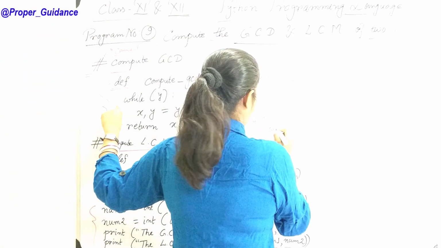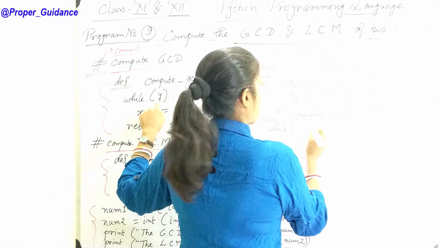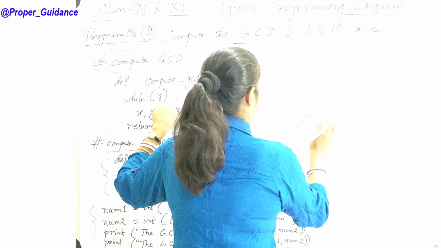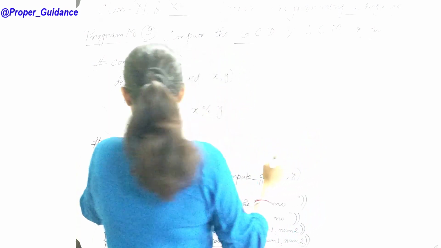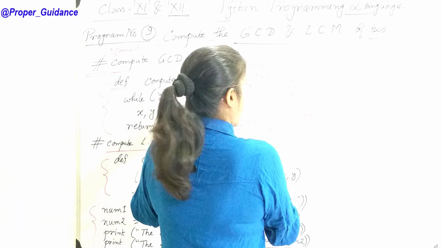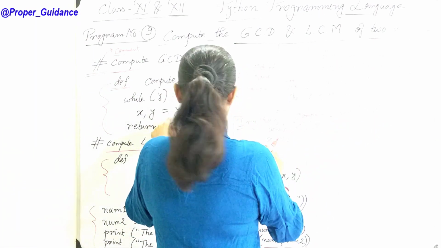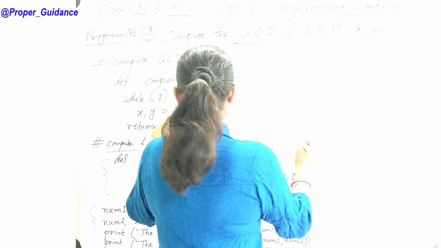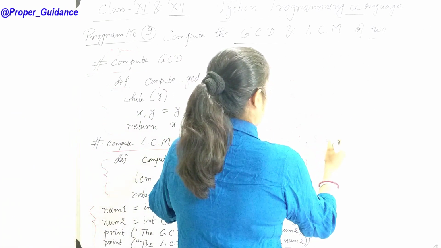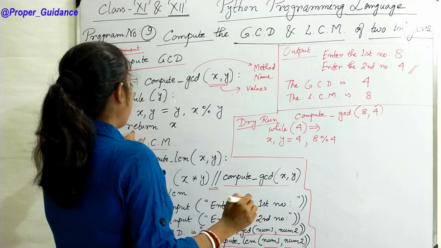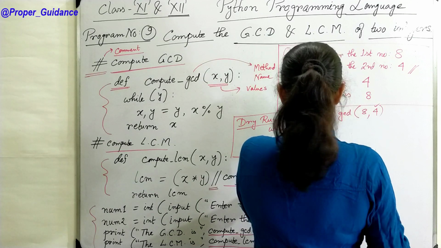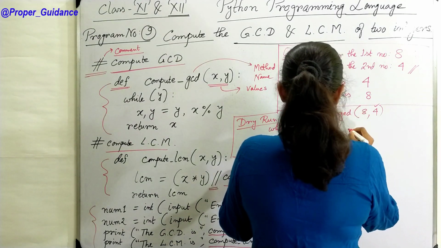There is a while loop, while y. What is the value of y here? This is 4, right? Now we assign the value of y to x, that is x equals 4, and y becomes x modulus y. 8 modulus 4 is obviously 0, and it will return x.